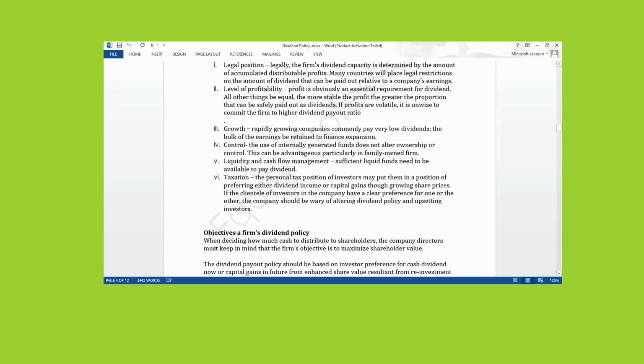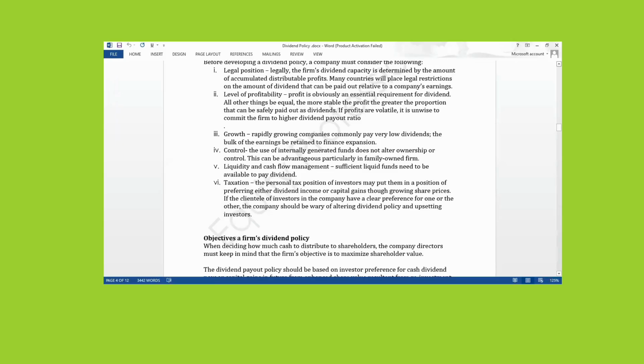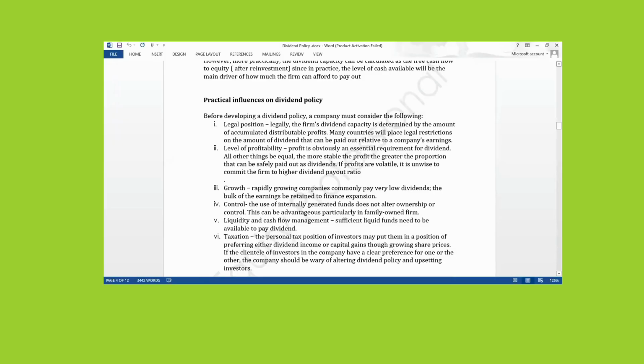Let me round up with this. Factors that influence dividend policy. Factors that have impact on the company's dividend policy. One, legal position.